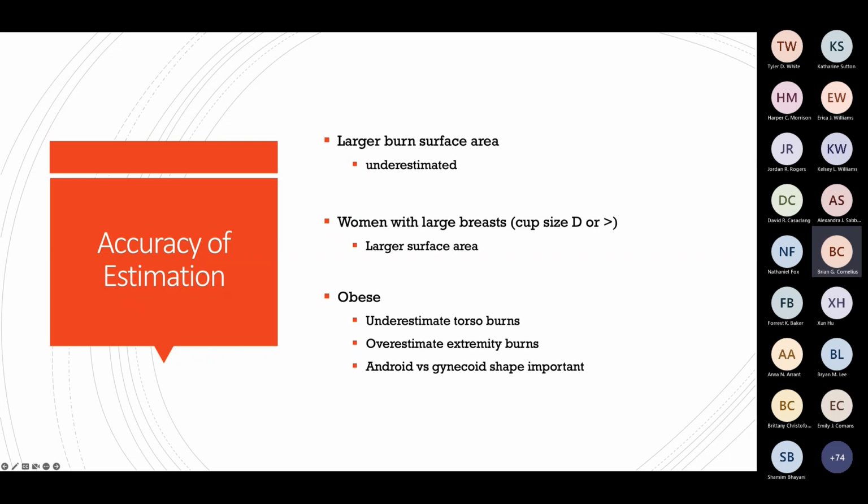Obese patients, we tend to underestimate torso burns because it's a fixed formula, and they have a disproportionate percentage when compared to a traditional sized adult. So torso burns are generally underestimated, and because of their smaller proportion, extremity burns are overestimated. And the displacement of the patient really comes into play too. So as you think about gynecoid versus android, it can be a factor for you.